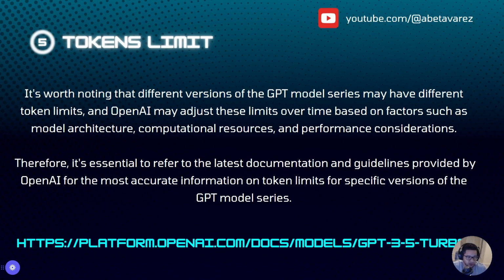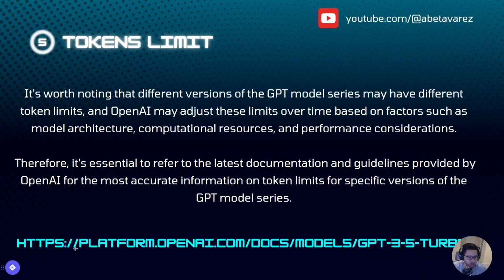Therefore, it is essential to refer to the latest documentation and guidelines provided by OpenAI for the most accurate information on token limits for specific versions of the GPT model series, and also pricing. Pricing is something we don't have to discuss now because we're going to go to the playground, and when we build the applications, we're going to use the free tier, but later there is a pricing model that we need to also be aware of.